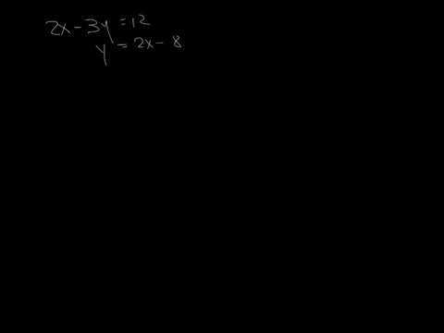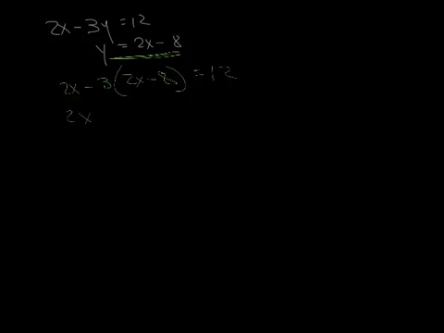So this is example number 2. And again, we are told that y equals 2x minus 8. So whenever I see a y, I'm going to put 2x minus 8 in its place. Now remember, put them in parentheses.